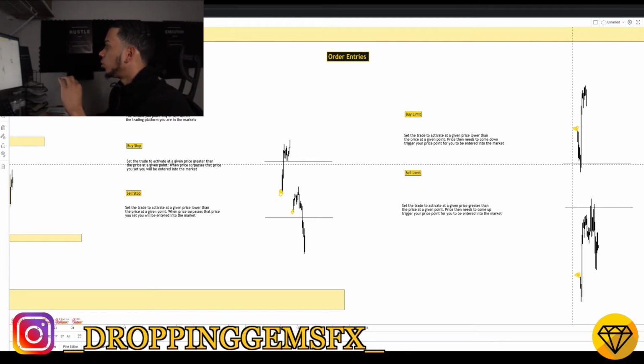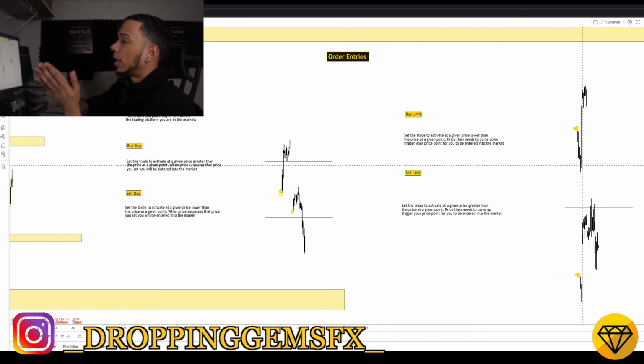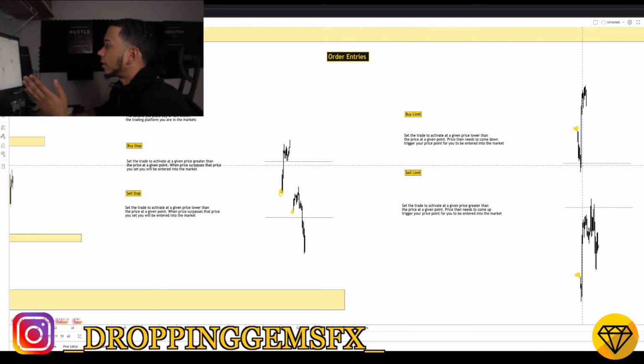This is where you set your buy limit. When price comes down and triggers it, right, has to surpass it, that's when you are entered into the market. Now, obviously, it's a buy, it's a long, right? So when price comes above there, that's when you're starting to make profit, okay?